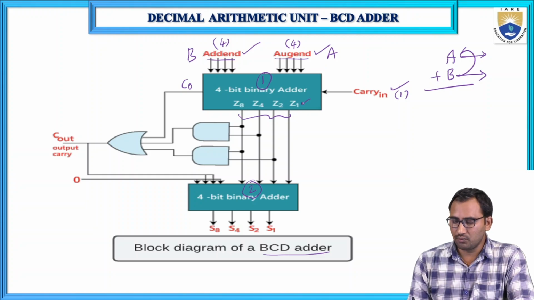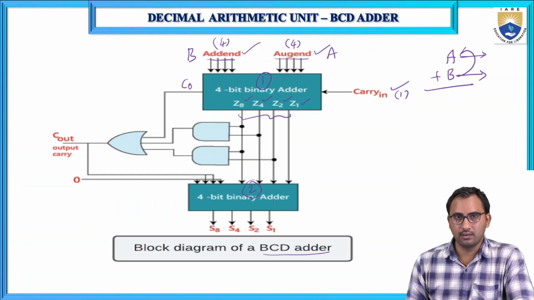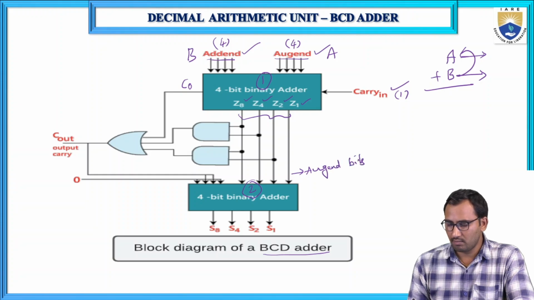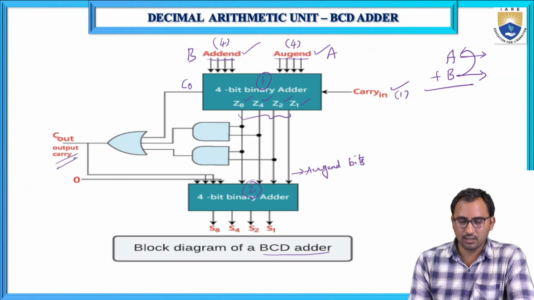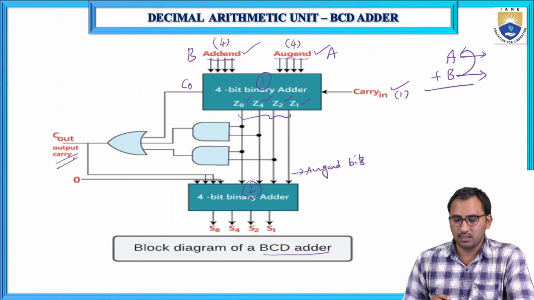That sum is Z1, Z2, Z4, Z8, which will be given to the second 4-bit binary adder as AND bits. Here we are generating the output carry with the help of some combinational logic circuits.